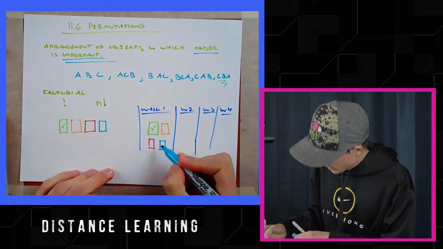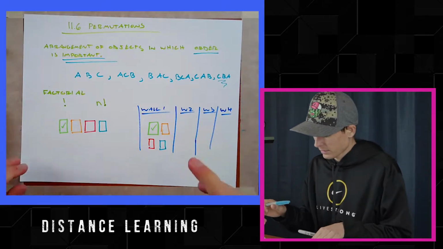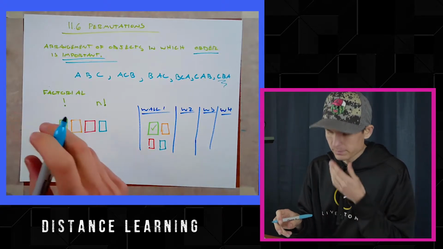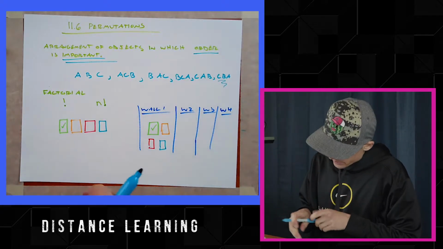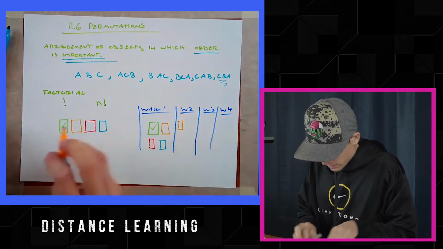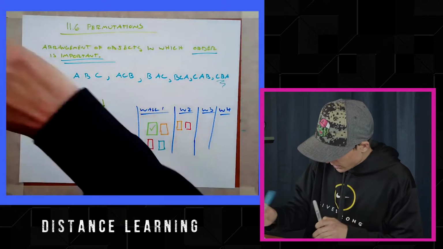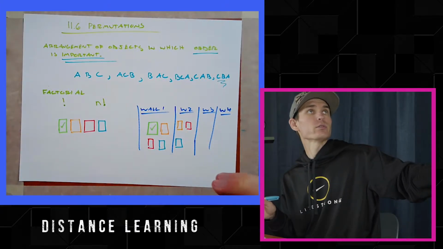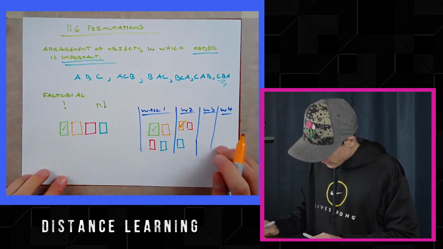I go over to wall 2. Which one do I want to put here? I could either put the orange one, the red one, or the blue one. I can't put the green one because I already put it on the first wall. So I'm gonna do the orange one.